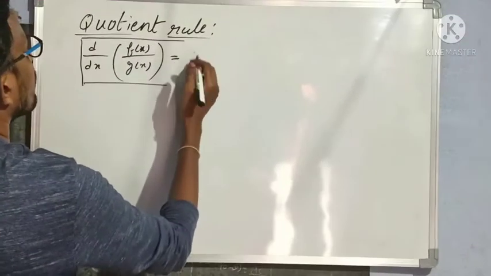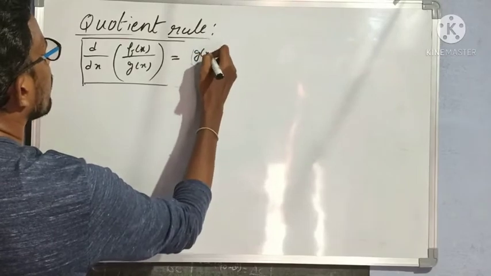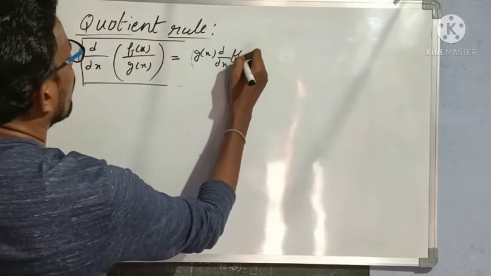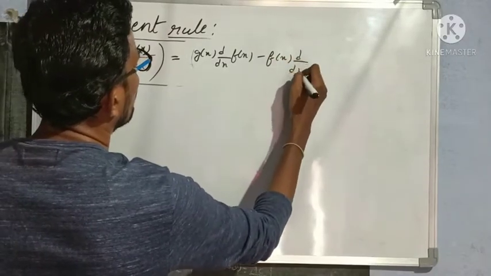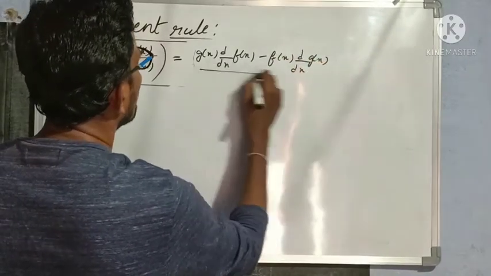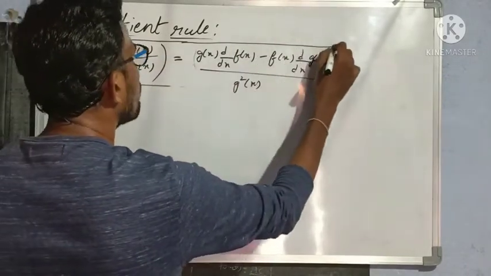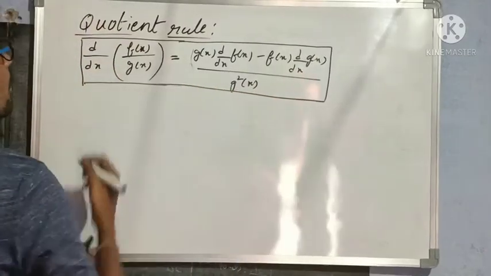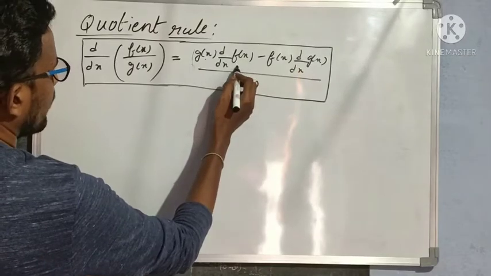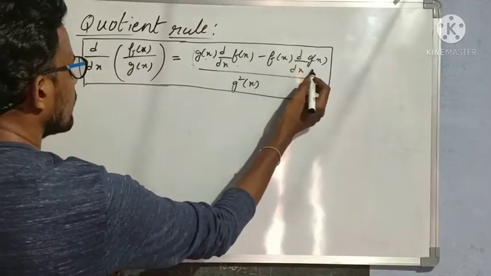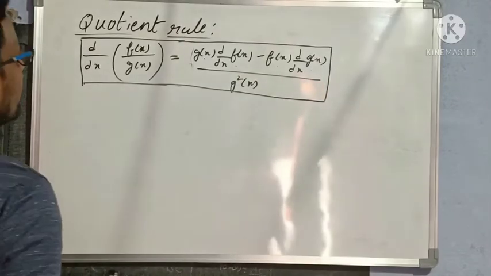Now first keep the denominator as it is and differentiate the numerator. Then keep the numerator as it is and differentiate the denominator, divided by denominator whole square. This is the formula for quotient rule.